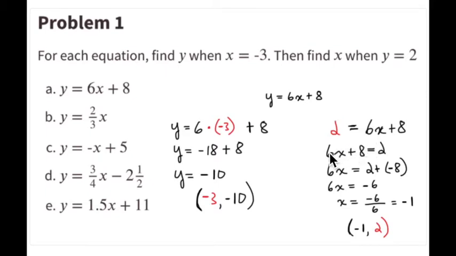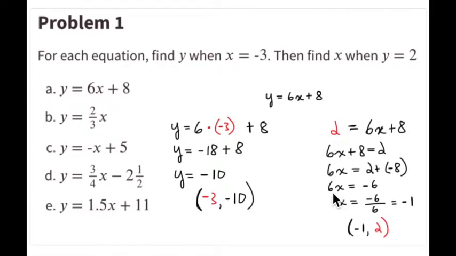It's just easier for me to work with what I'm trying to solve for on the left side. And then I'm going to move this 8 back over to the right side by adding the additive inverse. So I'm going to add a -8, that makes this 0, and add -8 to the right side. So now I have 6x equals 2 plus -8. Well, 2 plus -8 is equal to -6.